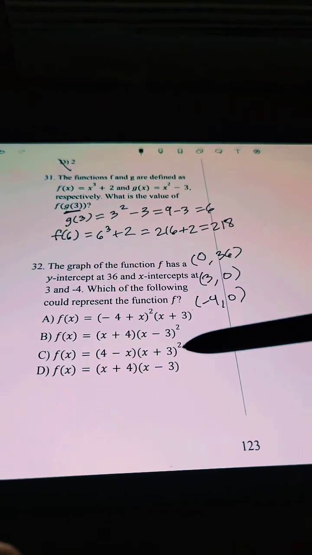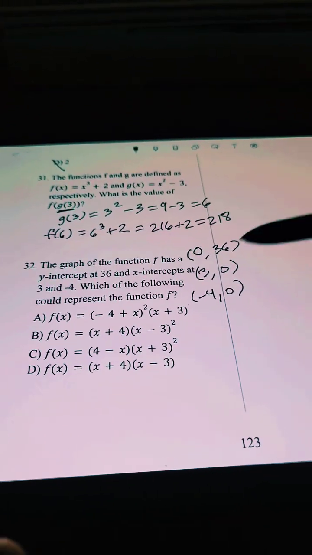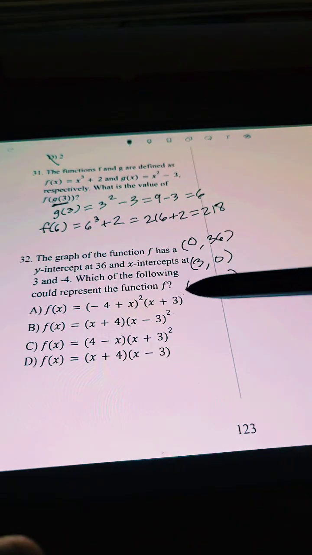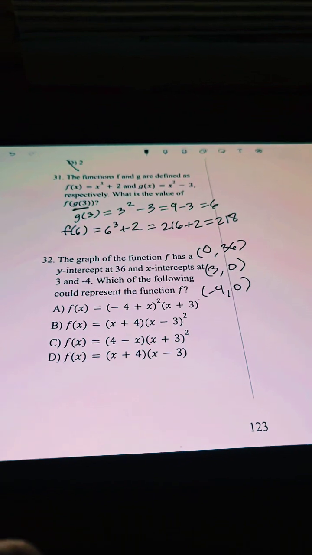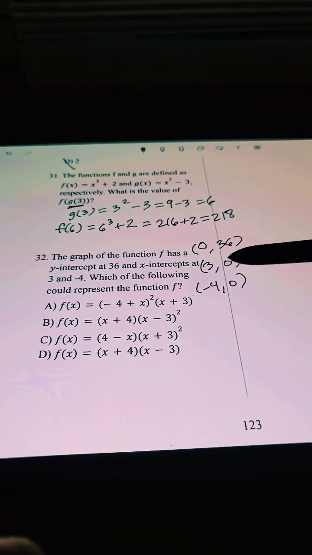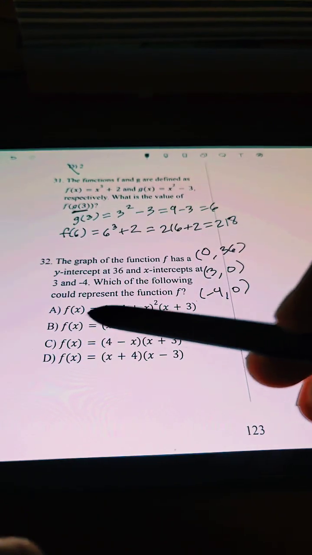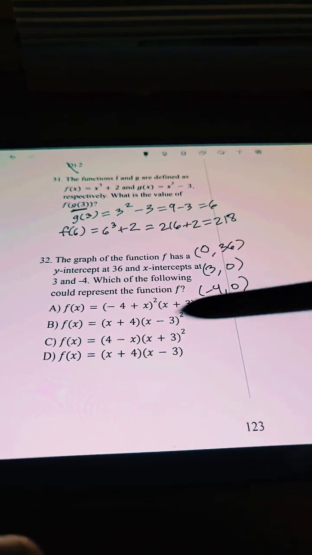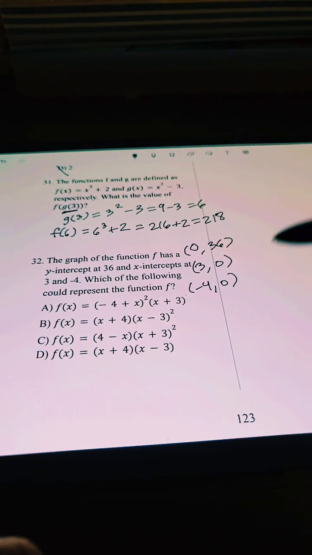Which of the following could represent the function f? Now, what you could do technically is plug in these values to figure out which of these is the correct equation. That's probably what most students are going to need to do. Or you can remember, okay, I would start with the x-intercepts, and I would say, if I want my function f of x to equal 0, that means that one or more of the factors must equal 0.